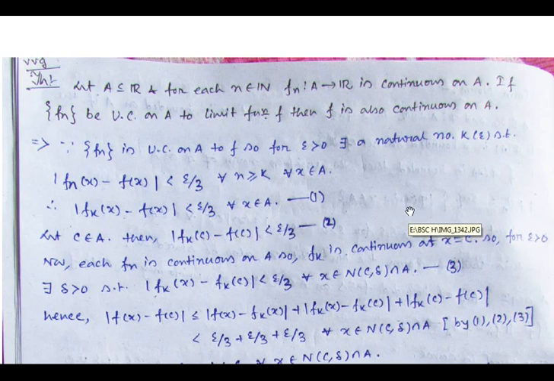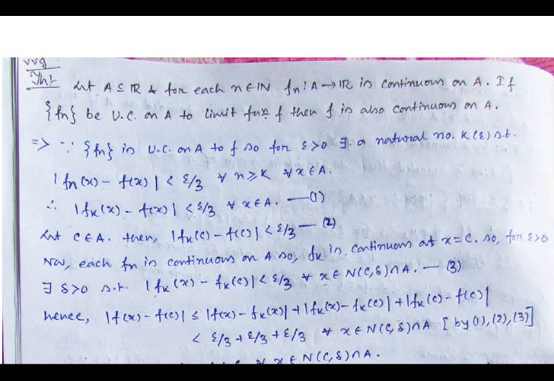Now we are going to check the continuity definition. Again, each and every term f_n is continuous on A, therefore f_k is also continuous at x equals c, because x equals c is a member of A. So let us apply the definition of continuity.